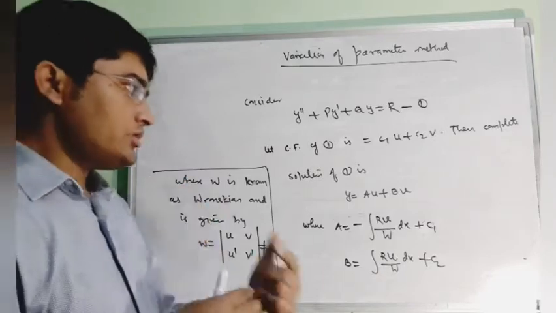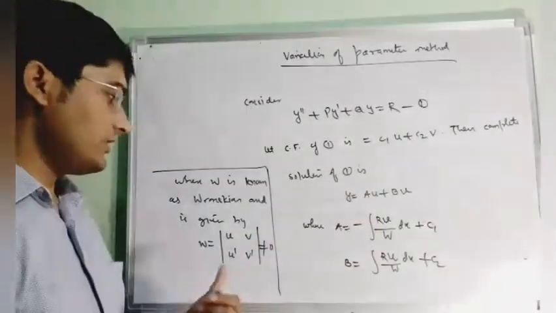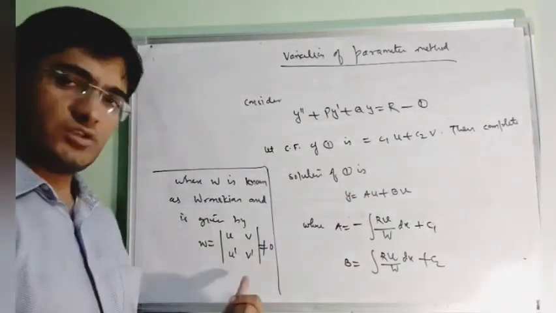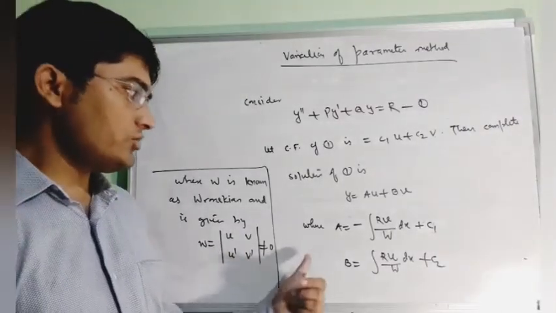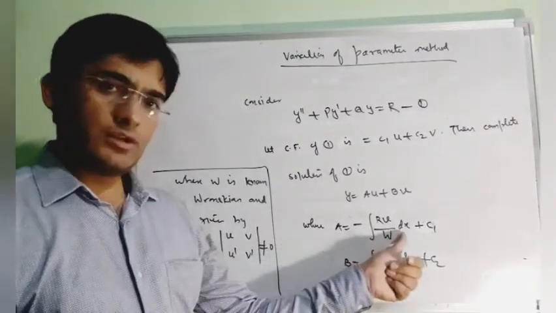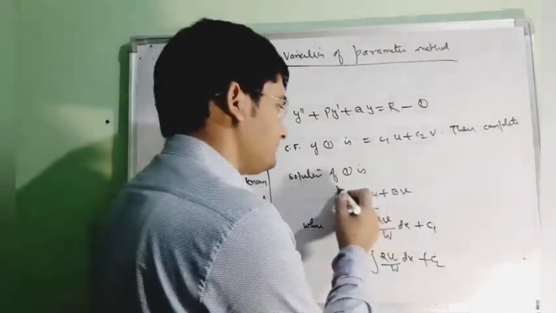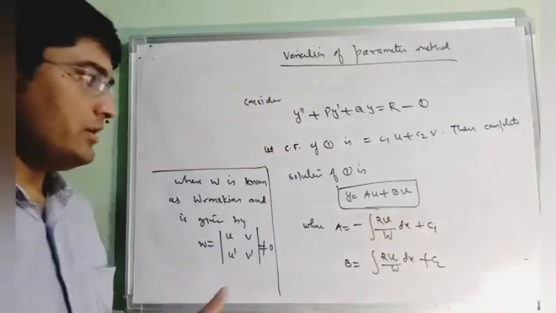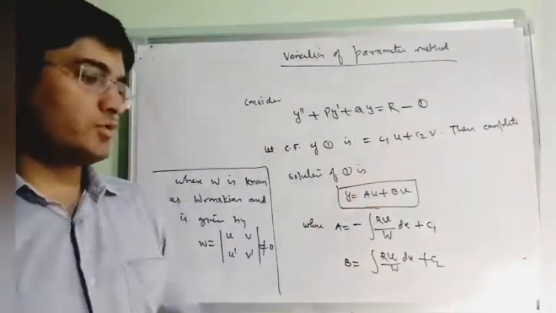So if u and v are independent, then this is known as your Wronskian and it will not be equal to 0. Then our A is this integral and B is given by this one, so our y will be A u plus B v, and this is your complete solution of this differential equation.